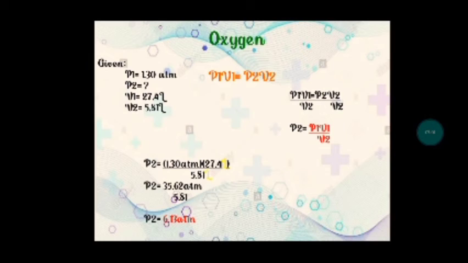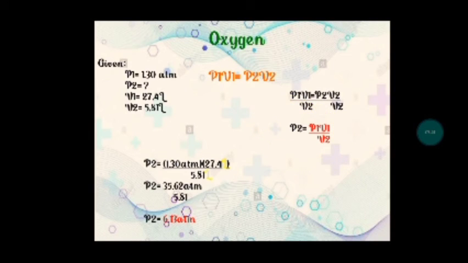The value of our V1, or volume 1, is 27.4 liters, and the value of our volume 2 is 5.81 liters. Because we're looking for P2, we derive the equation. We divide both sides by V2 to get P2, so P2 is equal to P1 multiplied by V1 over V2. So this is now our formula on getting the new partial pressure.